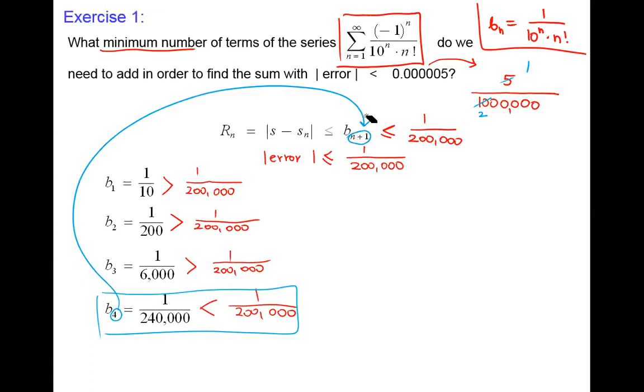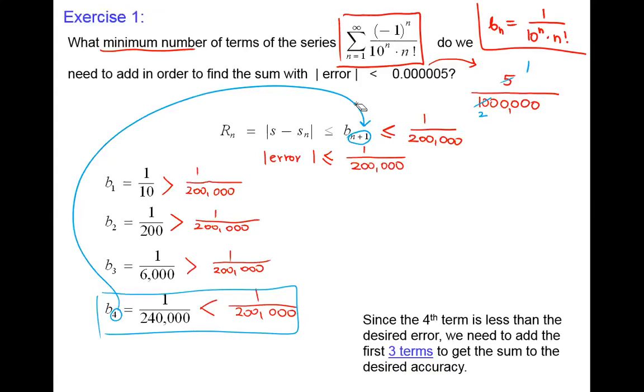That means I have to take the partial sum including just 3 terms. Always one number less. Since the fourth term is less than the desired error, we need to add the first 3 terms to get the sum of the desired accuracy. The final answer is n equals 3, because that's the minimum.